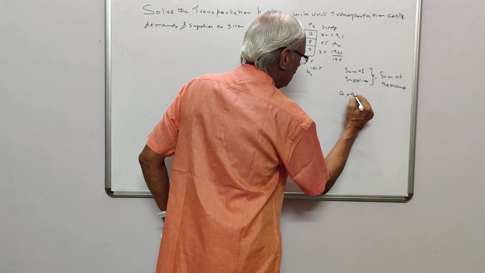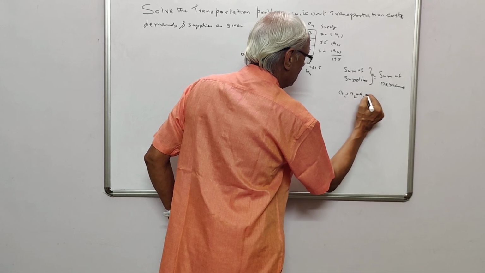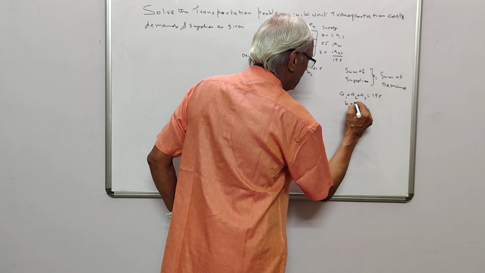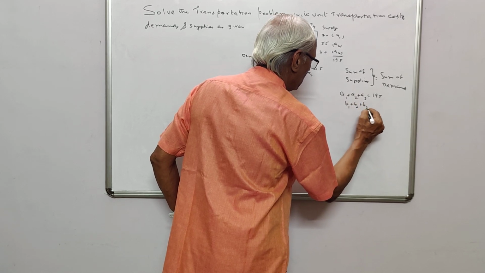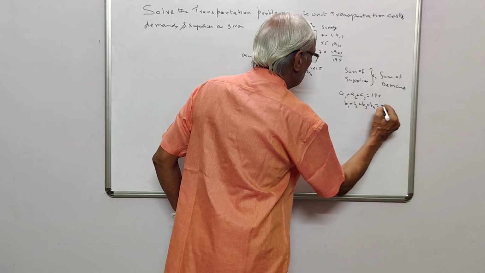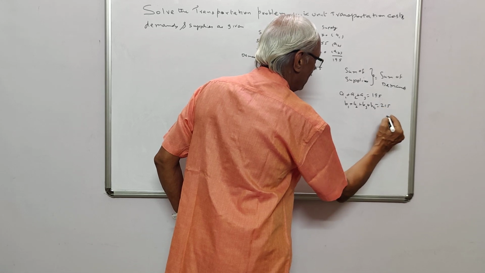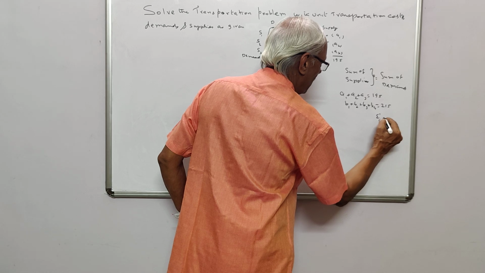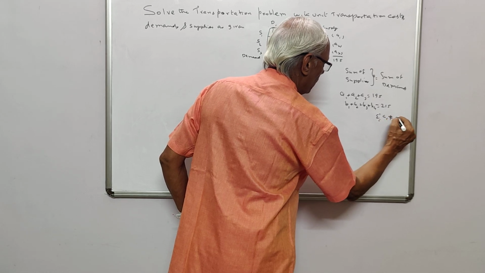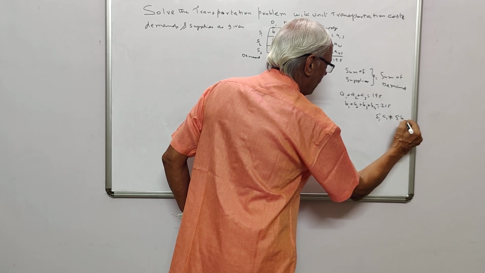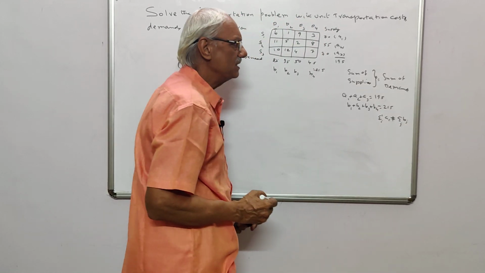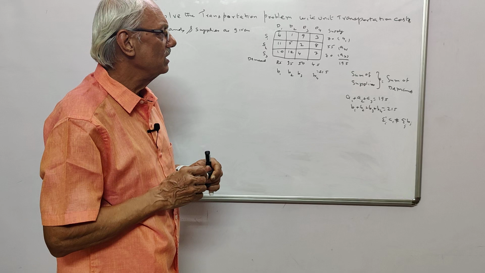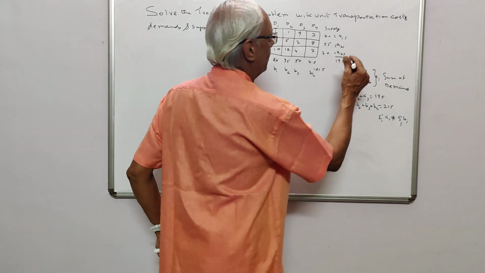A1 plus A2 plus A3 is equal to 195. B1 plus B2 plus B3 plus B4 is equal to 215. Sigma of Ai is not equal to sigma of Bj. That is, the sum of the supplies is not equal to the sum of the demands. So this is an unbalanced problem.